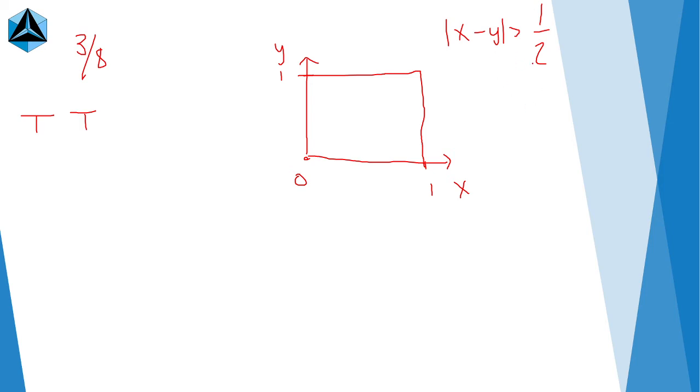You can definitely go ahead and graph the inequalities: x minus y is greater than 1/2, and x minus y is greater than, it's going to be like, greater than negative 1/2, I believe. Let me make sure. Yeah, I believe that is correct.